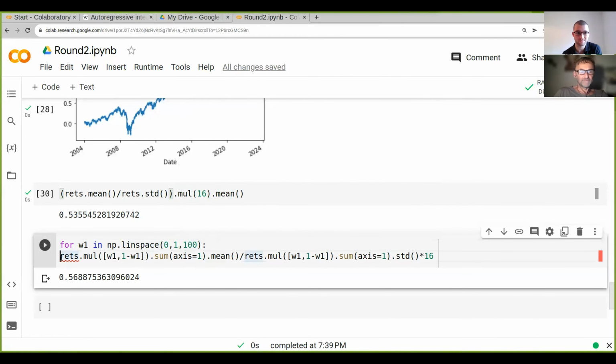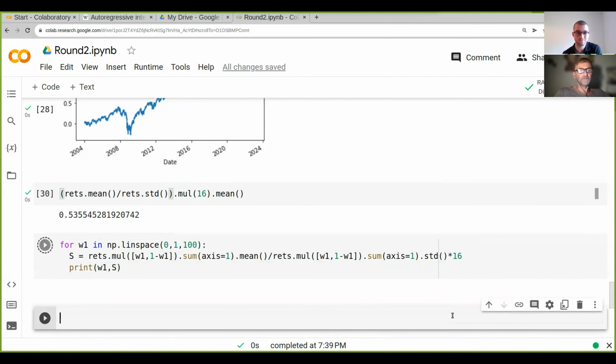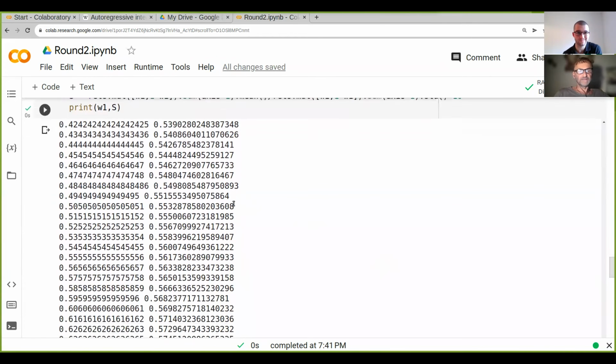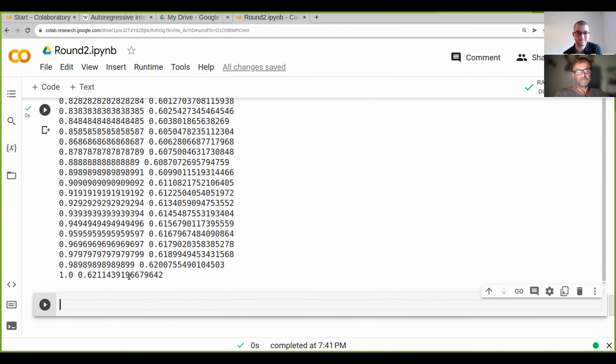Then we call this S for Sharpe ratio, and we print W1 and S. So we can just run it. Bam. And you see, our best one is still 0.62, so there's no improvement. This just means our best solution is 100% SPY.